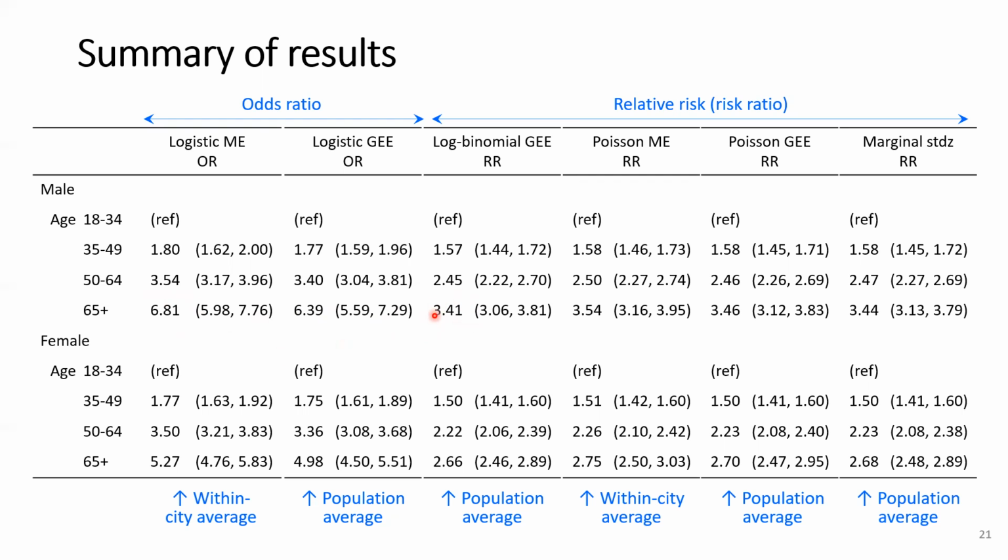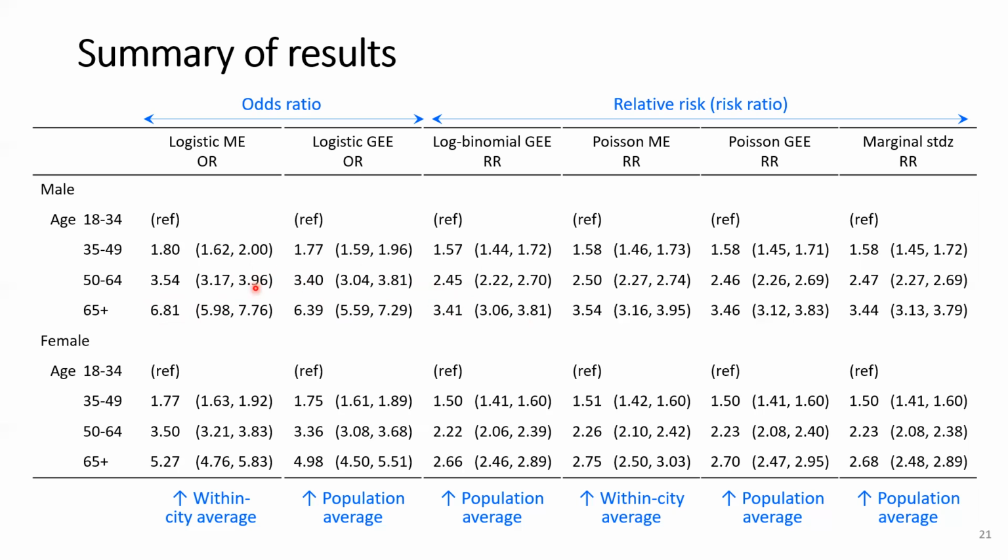For this reason, we see different numbers. Also, this is a problem some people mention: you shouldn't use odds ratio because it's going to be much higher than relative risk, and we tend to interpret odds ratio as relative risk. In this case, there is a great difference between odds ratio and relative risk.